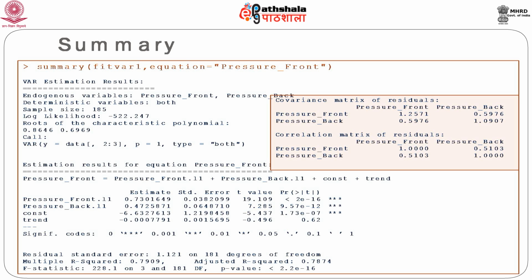Then, for the covariance and correlation matrix of the residuals, the correlation between pressure front and back is reported here as 0.51, and the covariance of the residuals is also provided here.